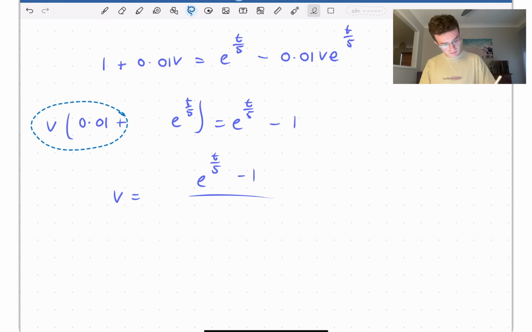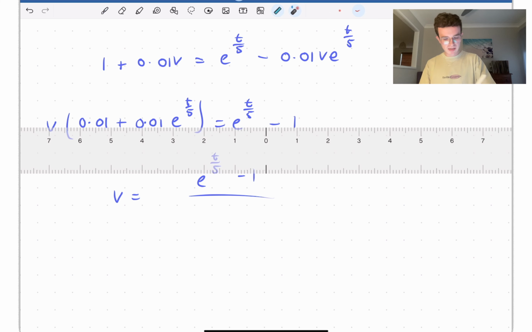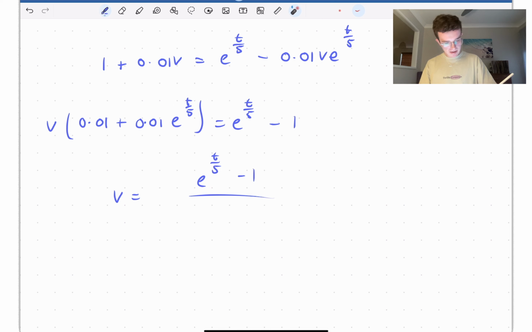There should be a 0.01 right there, because we've plussed it over to there. So 0.01 plus 0.01 e to the t on 5.